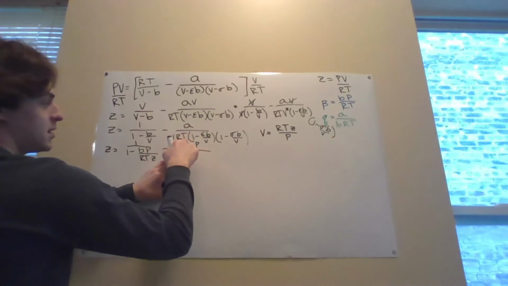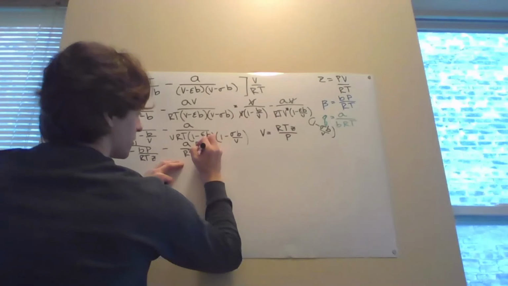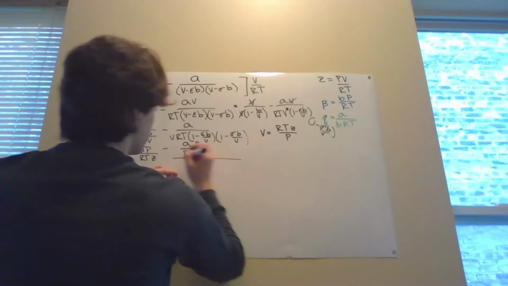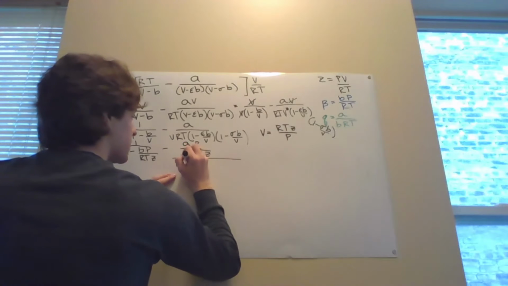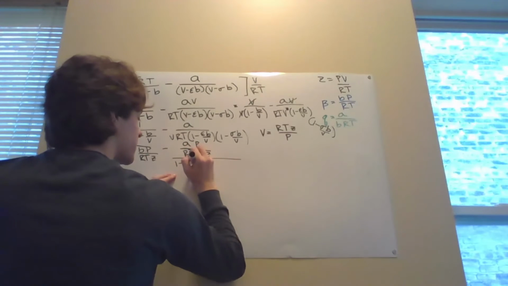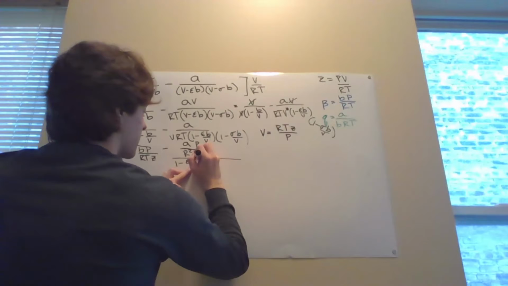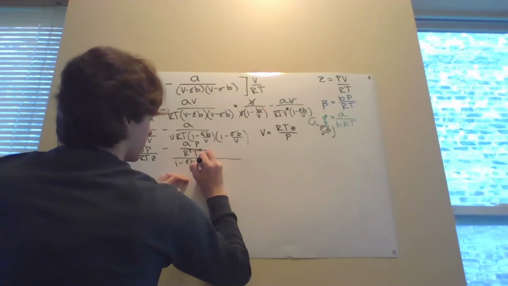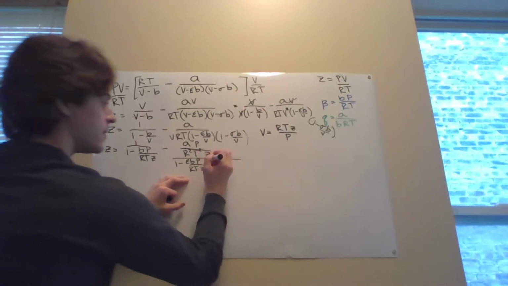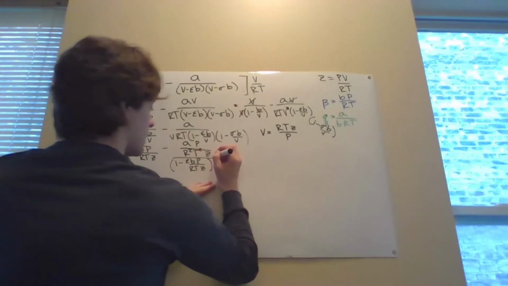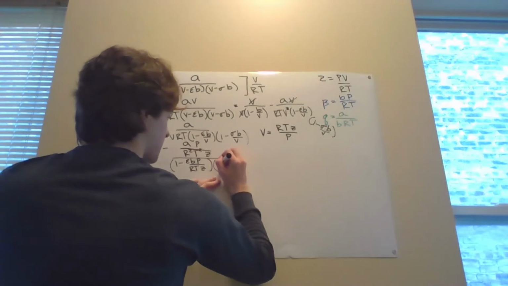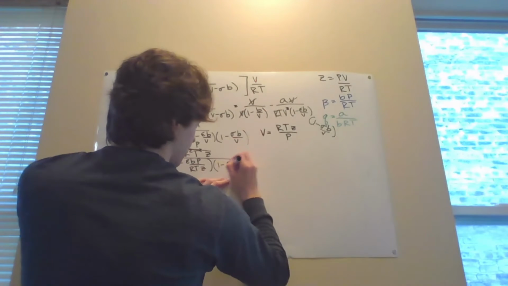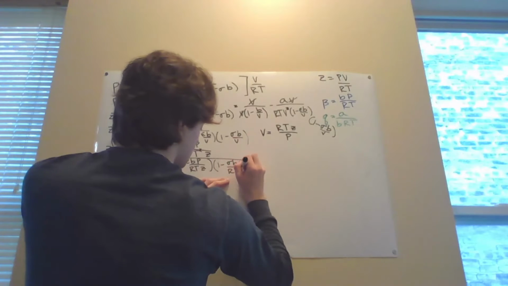Same with the T's, a T here and a T here, so it'll be T squared times Z, that's in the numerator, and then we will have 1 minus epsilon beta times the pressure, and then in the denominator be R, T, and Z. And then similarly we'll have sigma times b times P over R, T, Z.